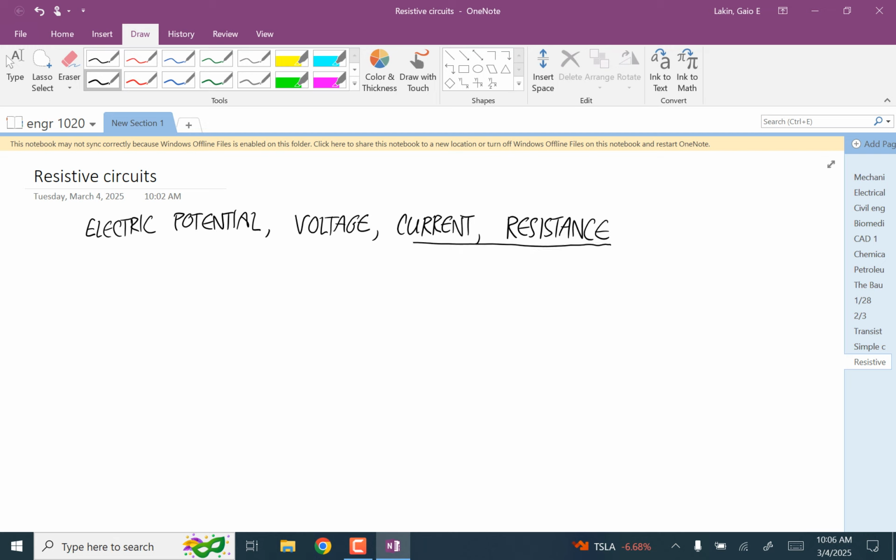All right, well, electric devices are powered by current. So think of current as the thing that we want when we're doing any kind of electrical manipulations.